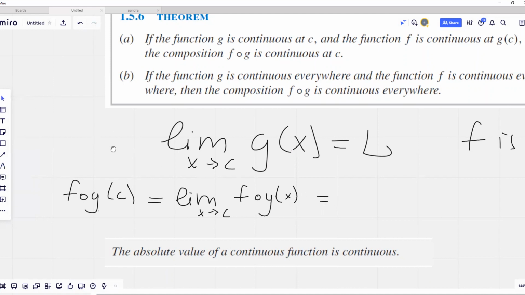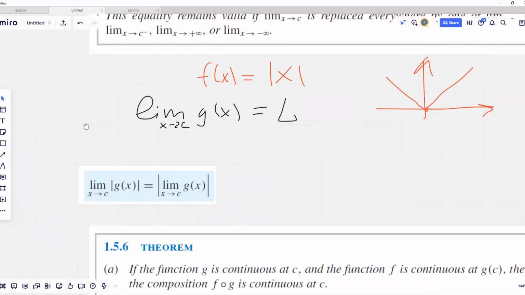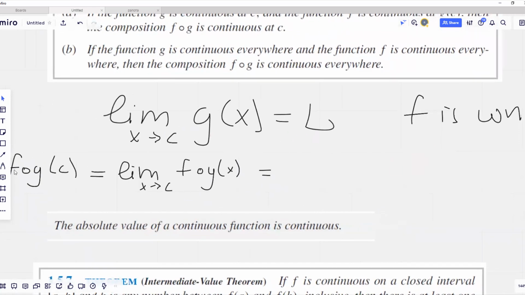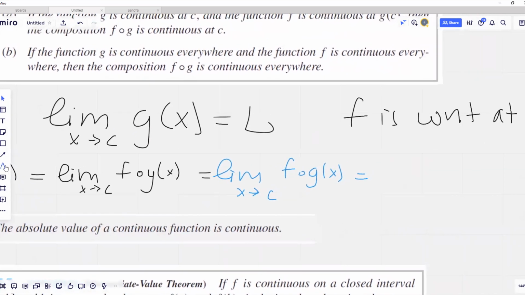Since here we can apply theorem 1.5.5, then we can move the limit inside of function f. Let's write this down in the following form. We'll have f of the limit of g of x as x is approaching point C.